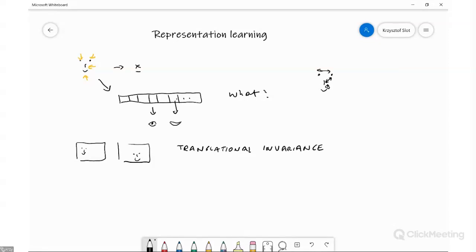So another thing that is required is scale invariance. What else? A person might change pose. That means a pose in 3D. In 2D, we can say this is a rotation. In 3D, it is a pose change. So it should also provide pose invariance.